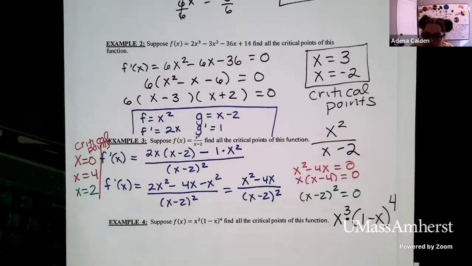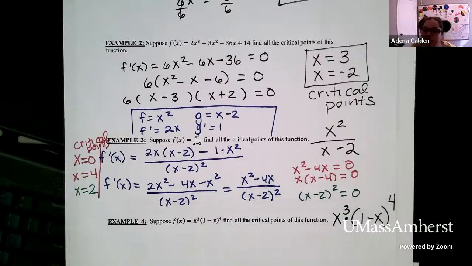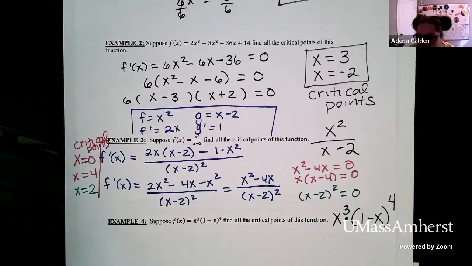Again, we're going to start with a product rule. You're going to find the first derivative, right? These are the two things being multiplied together. I'm going to give you about 3 minutes because this one is kind of long. Try it out, right?